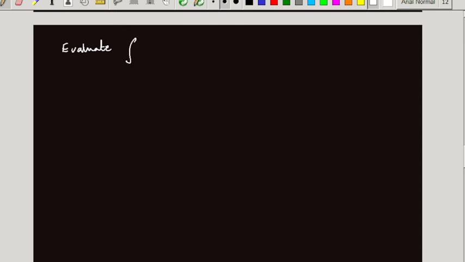Evaluate integral 0 to infinity dx dividing by 1 plus x power 4. So here 1 plus x is there. So 1 plus x, then we must substitute 1 plus tan square theta. Suppose here if we have square, then we must write 1 plus x square is there. We must write it as 1 plus tan square theta, that is x is tan theta.